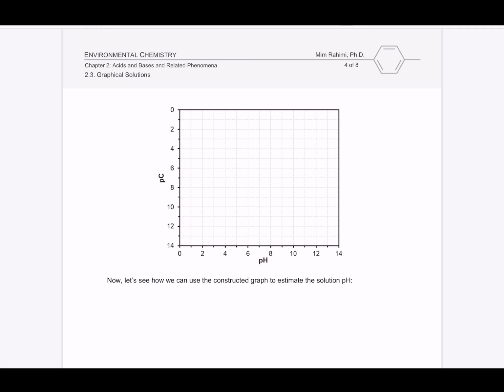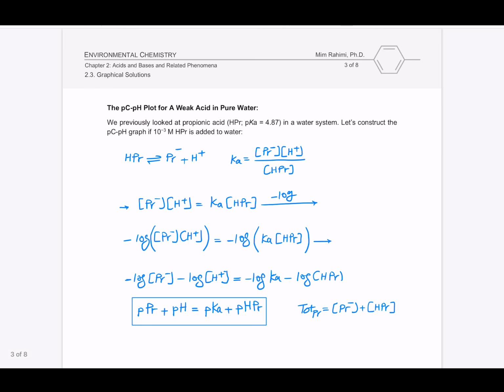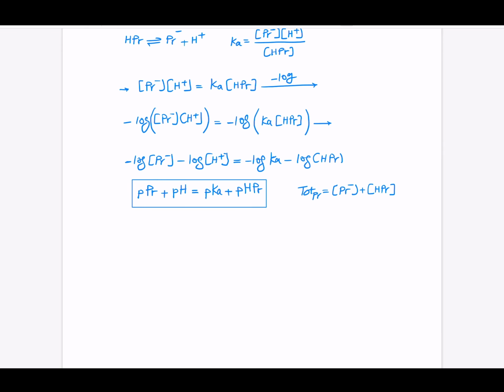So the question tells us that the total concentration of PR would be 10 to the minus 3 mole. This is given by the system.